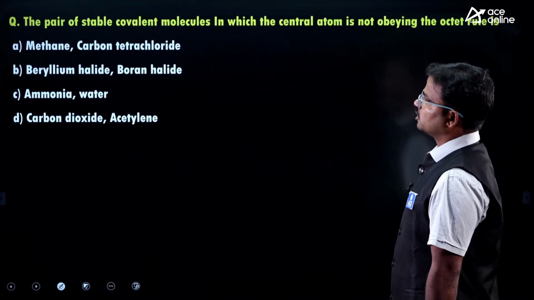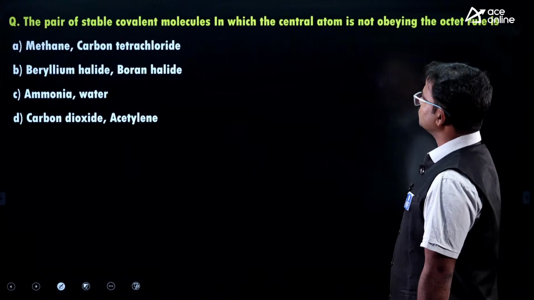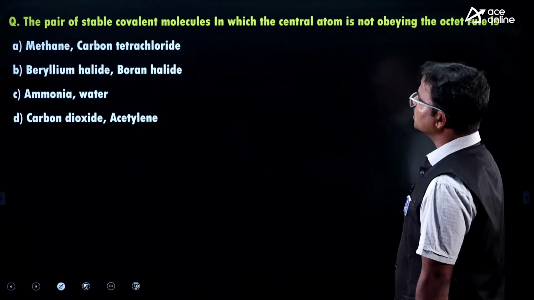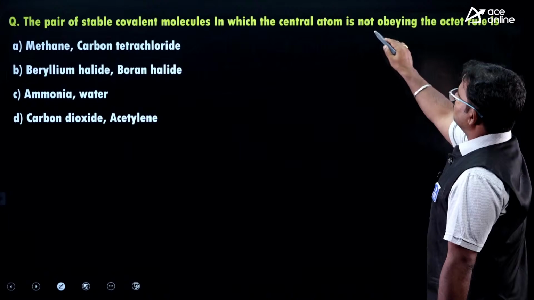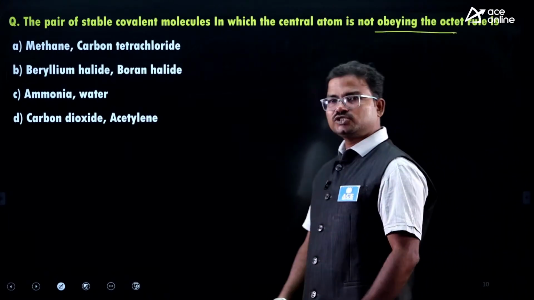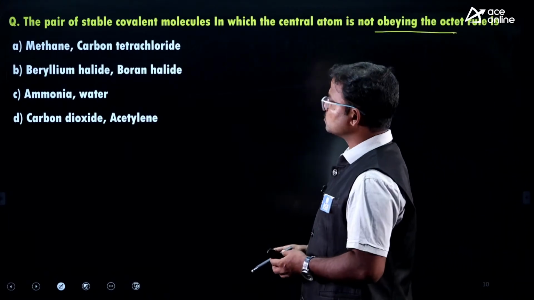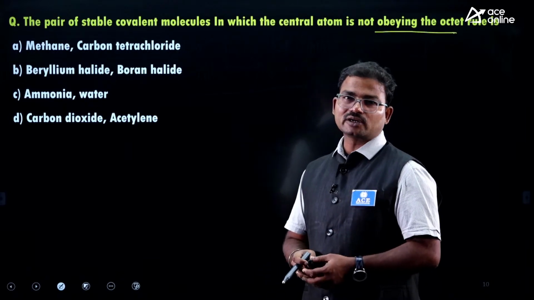Okay, right, next one. The pair of stable covalent molecules in which the central atom is not obeying the octet rule. Okay, so here they are asking which kind of molecules are not exhibiting the octet rule.